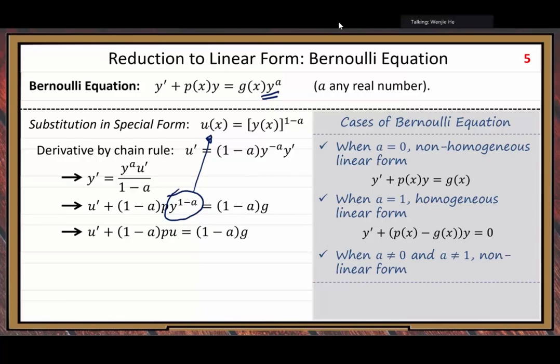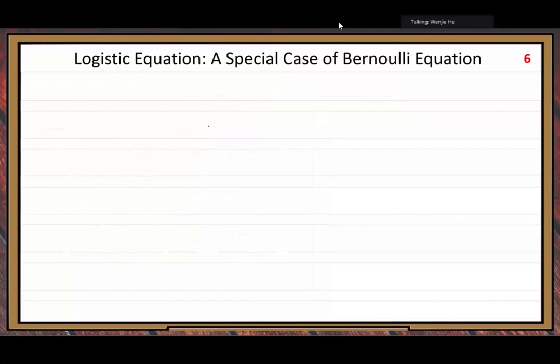So for all constants little a, we have the explicit solution. So that's the Bernoulli equation.